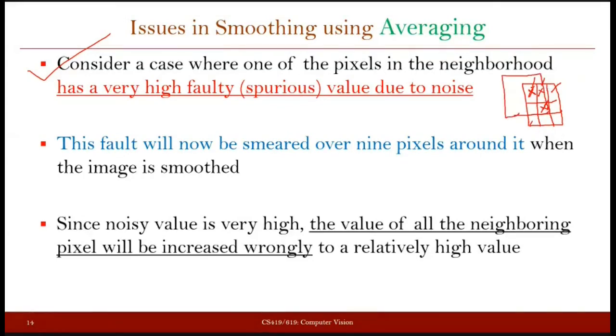So because of this pixel being spurious, all the surrounding pixels will also change when you compute new values for them. So the fault will now be smeared over 9 pixels, or more precisely the 8 pixels around it, when the image is smoothed.